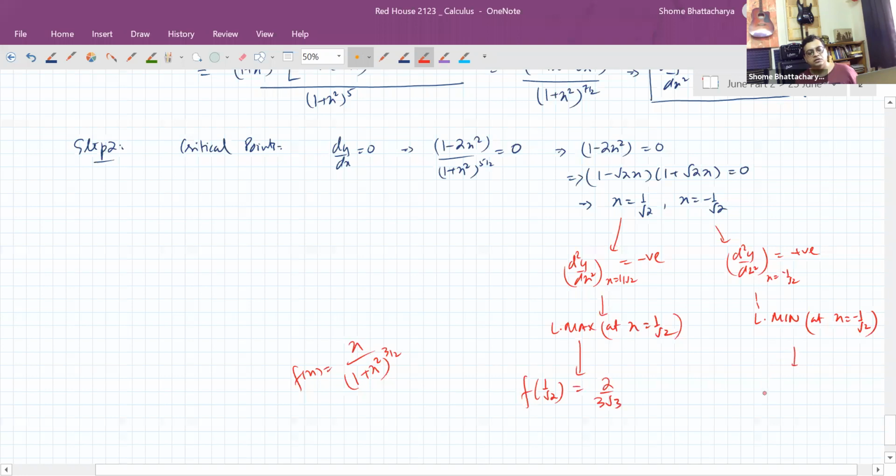And if you put this, you will get the value as minus 2 by 3 root 3. So this is the local maxima, this is the local minima. As I said, the rest of the steps were easy in this. It was just the differentiation that was quite lengthy.